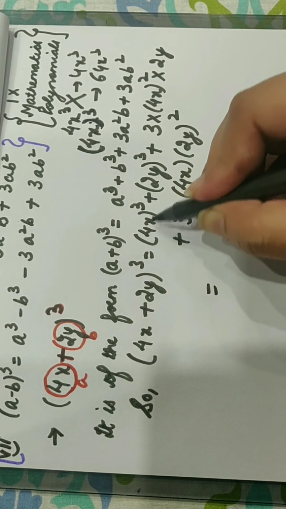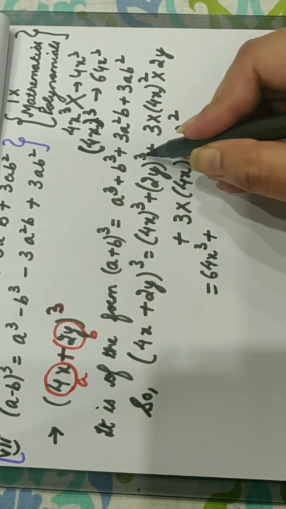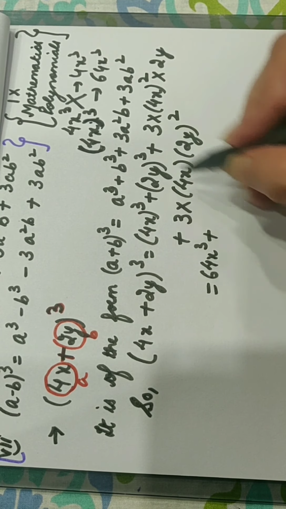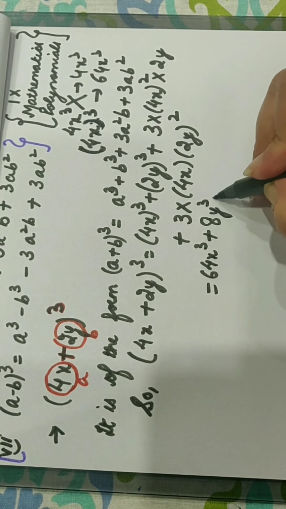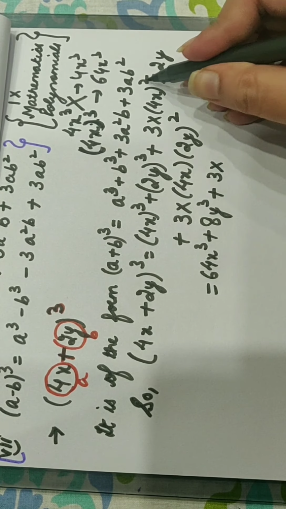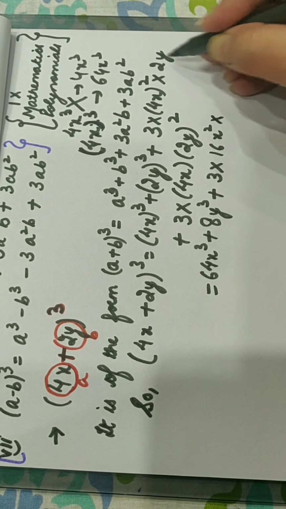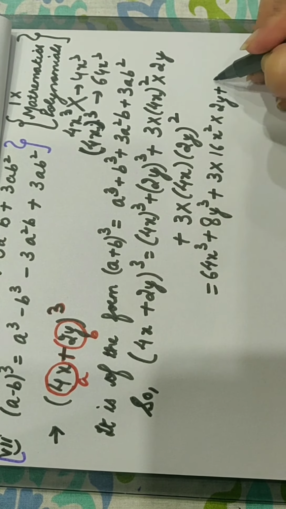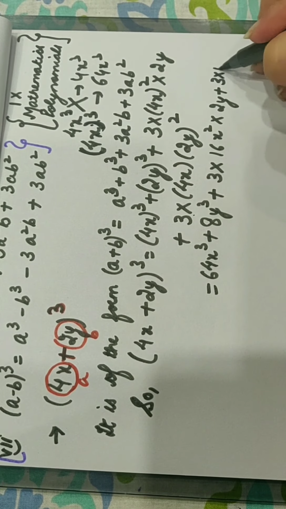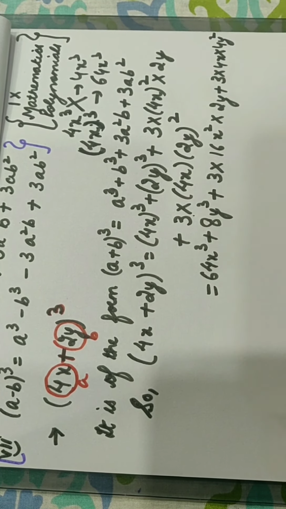It's equal to (4x) whole cube means 64x cube plus (2y) cube means 2 cube is 8y cube plus this is 3 into 4 square is 16x square into 2y plus 3 into 4x into (2y) whole square means 4y square.